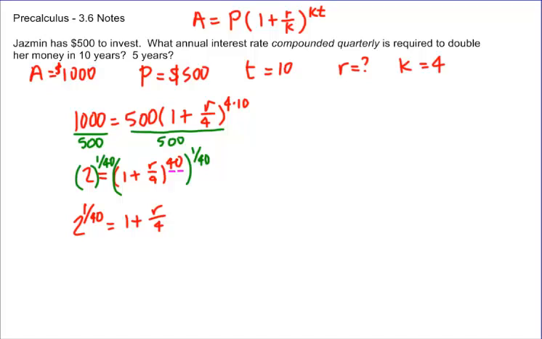And that's going to be 1.0175. Subtract 1 from both sides, and multiply both sides by 4.